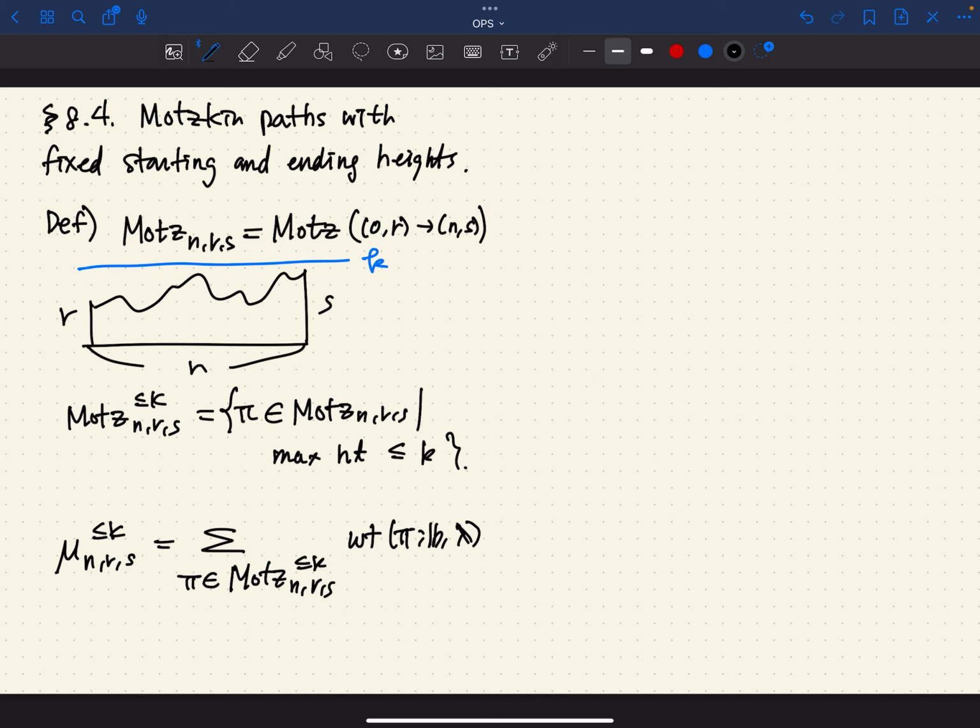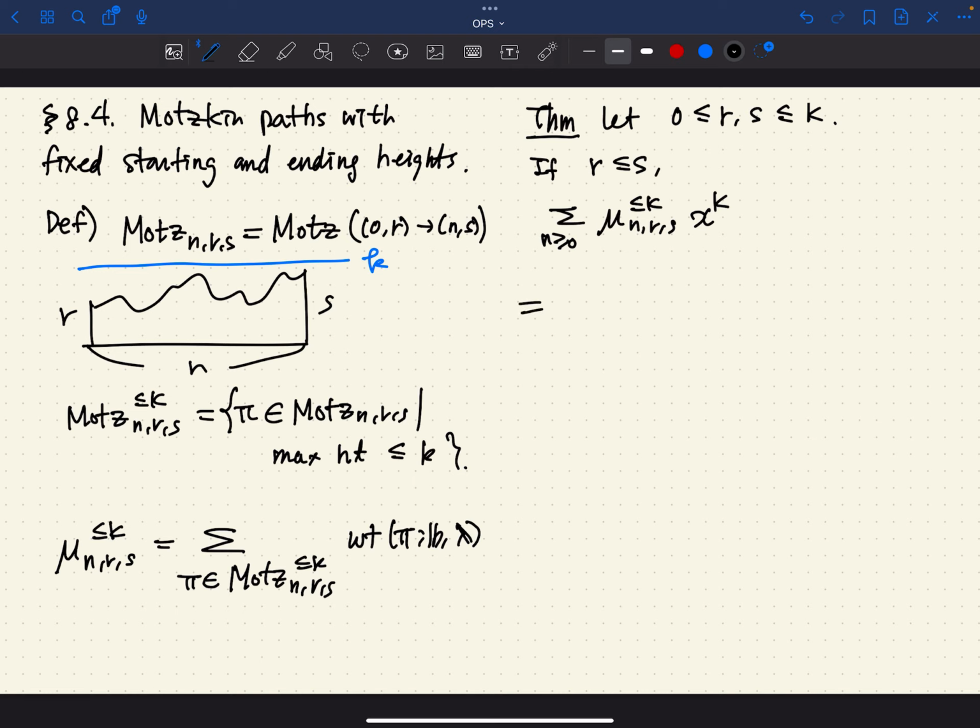Okay. Then the statement is the following. I'm going to state the theorem. Suppose that we have integers r, s less than or equal to k, and there are two cases. If r is less than or equal to s, then the generating function for this, mu r s, x to the k.